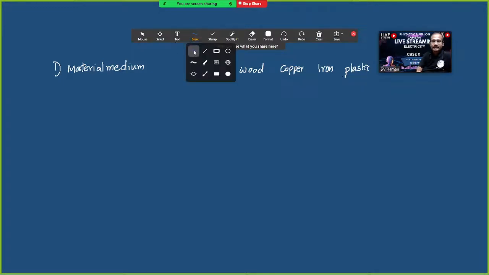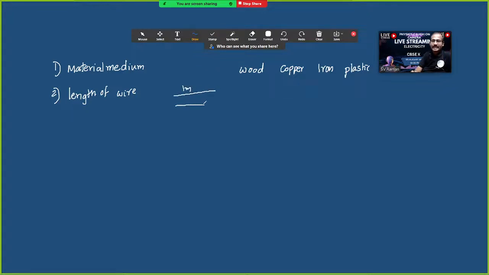The second point: it depends on the length of the wire. I'll explain how it depends on the length of the wire. Take a 1 meter wire and a 10 meter wire. In both wires charged particles are flowing. So which wire has more resistance? The long wire has more resistance.